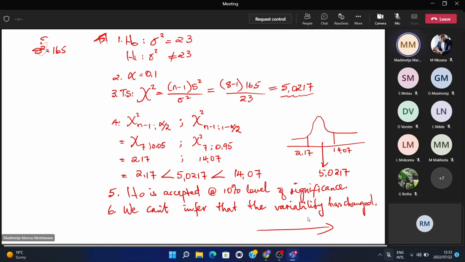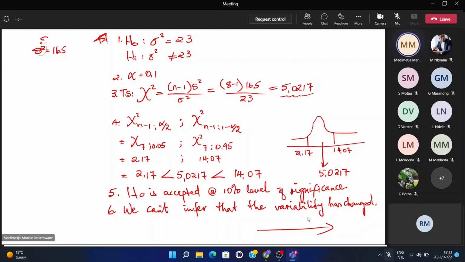Now, what we've been doing here, you'll realize we started at number 1, where we're doing hypothesis for a large sample, where we applied the Z distribution. At number 2, it was a small sample, we applied the T distribution. At number 3, it was the proportion. And at number 4, it is about the variance.